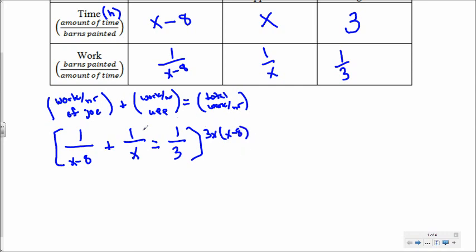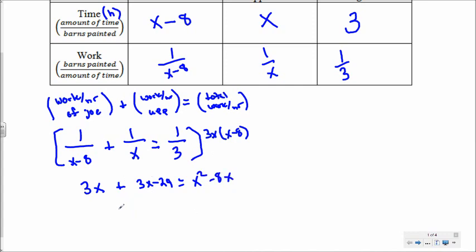When I distribute that value across these three terms, the x minus 8s will reduce, leaving me with 3x. The x's will cancel, leaving me with 3x minus 24. And the 3's will reduce, leaving me with x squared minus 8x.